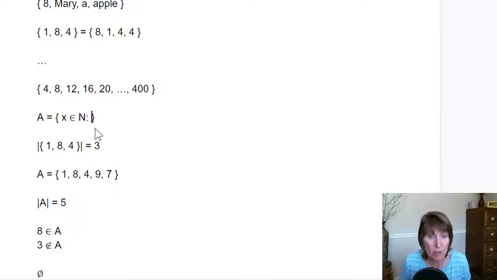If we wanted to represent this one in set builder notation, we could say such that x is greater than 0 and x is less than or equal to 400. Now I need to come up with that special character that says less than or equal to.